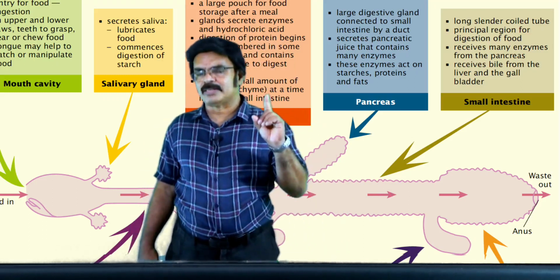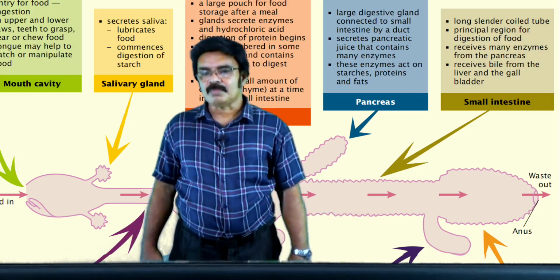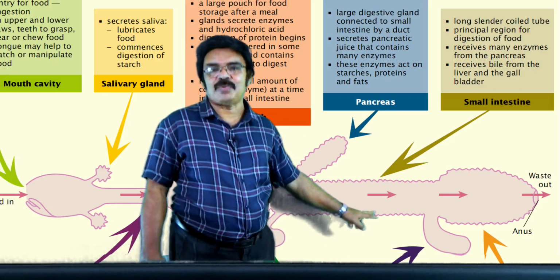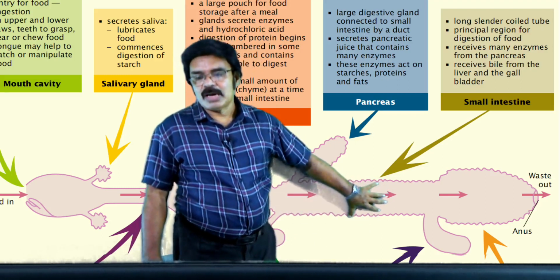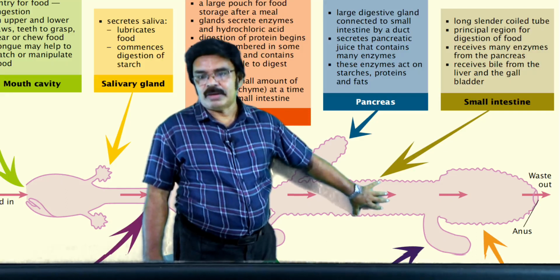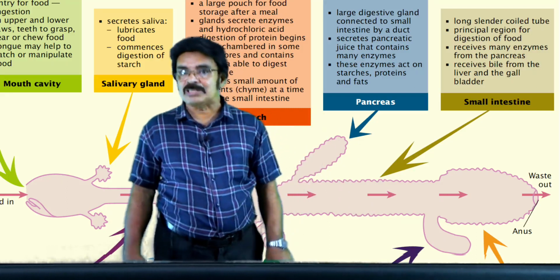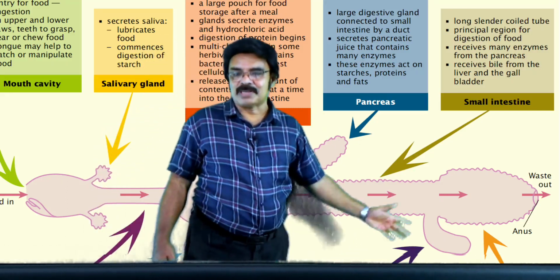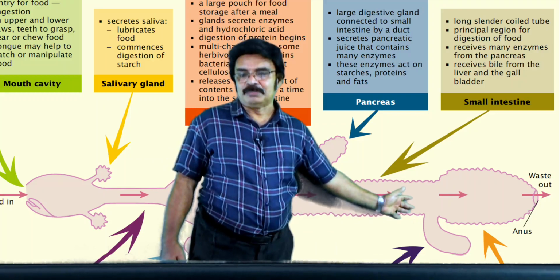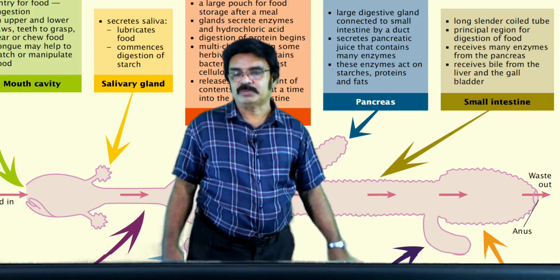There is one particular enzyme, but it is not digesting food here. It is actually activating one enzyme. Otherwise intestinal juice contains no enzyme, but your textbook says intestinal juice contains enzymes. That is wrong.